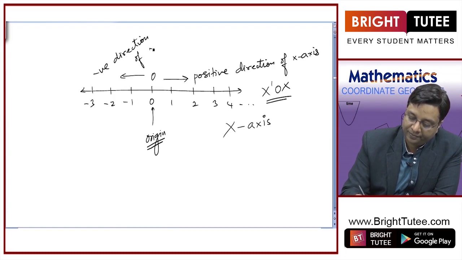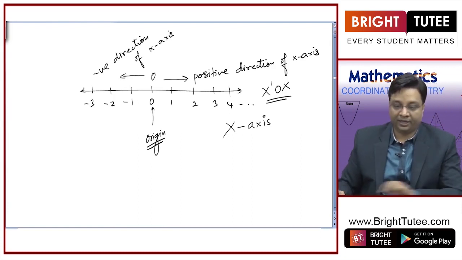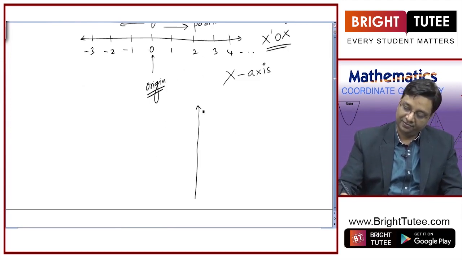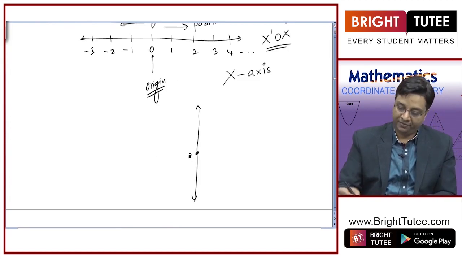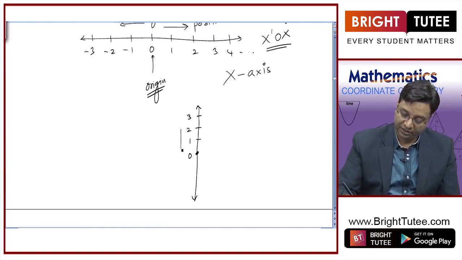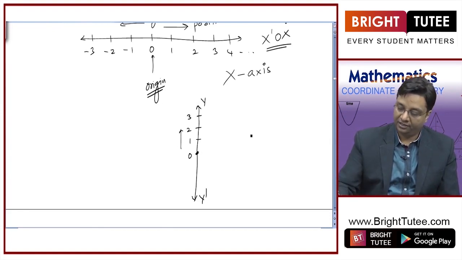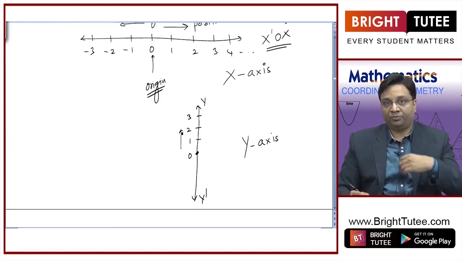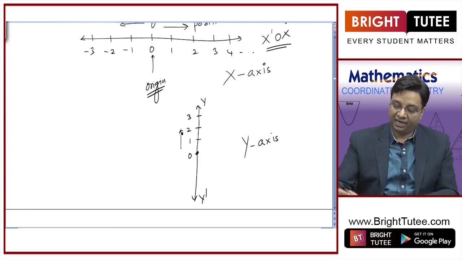Similarly, this vertical line, if this is 0, while going upwards we will have positive numbers 1, 2, 3 and so on. If this was the y O y dash line, we will call it y axis from now on. Going upwards, the points above origin are positive.